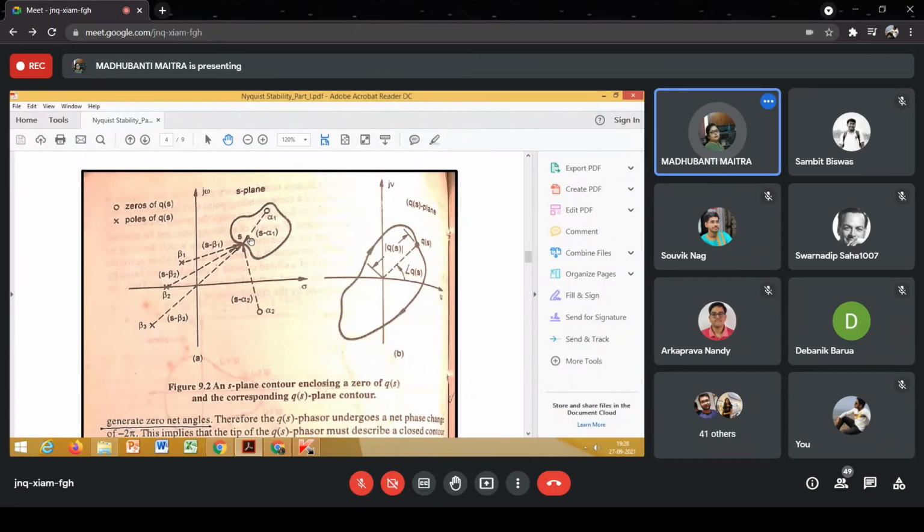So simply we'll apply the same logic and we'll observe that this phasor, now the phasor will be S minus beta 1. So the tip of this phasor will move along this contour in this manner. Hence, the net change in angle will be equal to minus 2 pi.